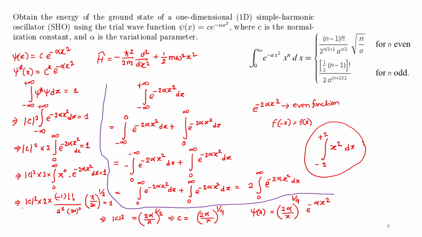Next, we want to calculate the functional, that is your epsilon 0, which is going to be dependent on this alpha, right? From the measurement theory, it is going to be psi with Hamiltonian psi, divided by psi with psi. Now your psi is normalized, so there is no need of writing the denominator.